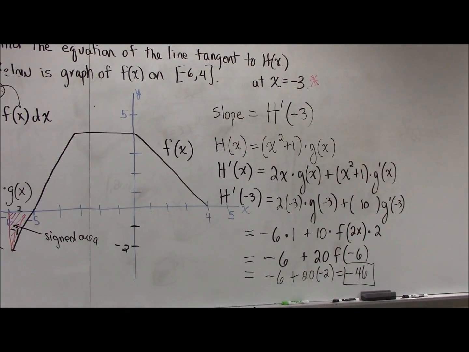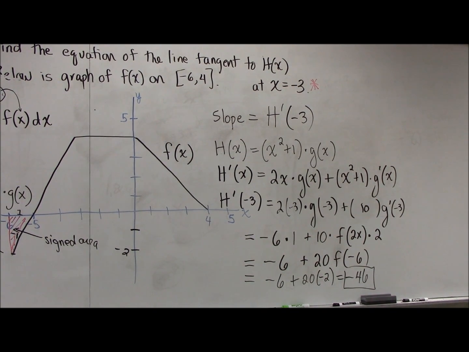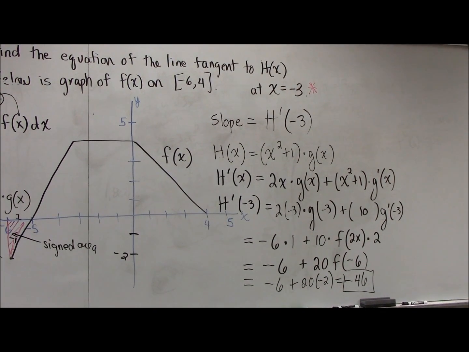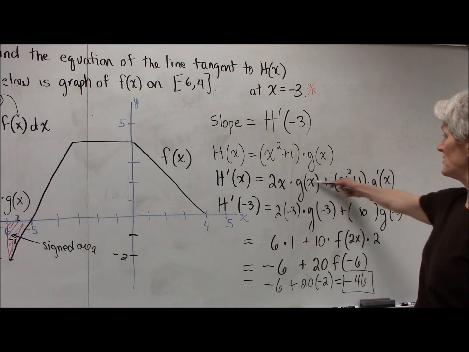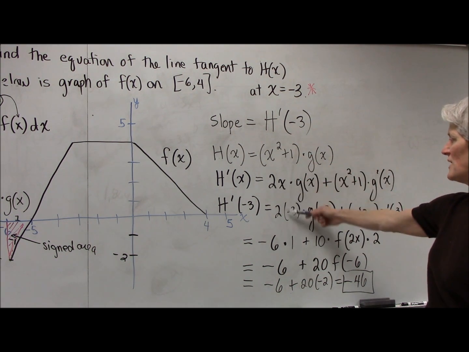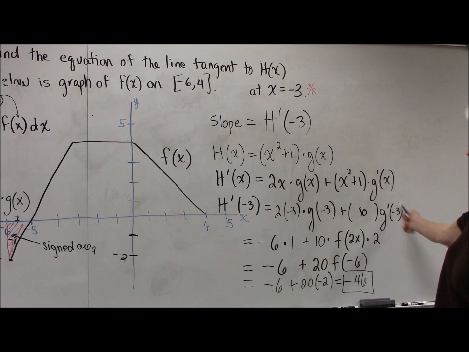Okay, I realized that you couldn't see what I was doing there, so take a look at that. So again, I did the product rule. I substituted in my negative 3. I did everything I could, but then I realized, ooh, I have to take the derivative of g. So really, I'm going to take the derivative of g with respect to x.